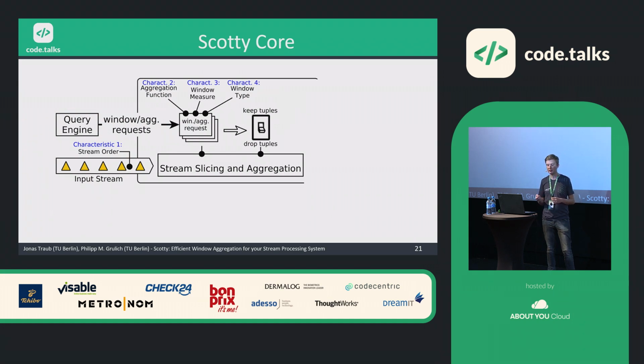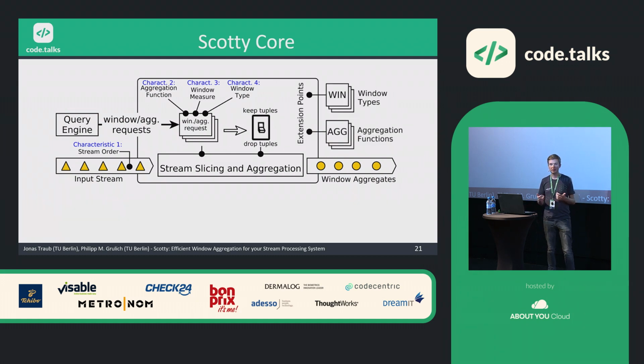What is also interesting is that you can exchange the window definitions at runtime. For example, you can have two streams, one with the input data and one with the definitions, and you basically have a dynamic windowing engine. And in the end, based on this information, Scotty performs your window aggregates and gives you the results.